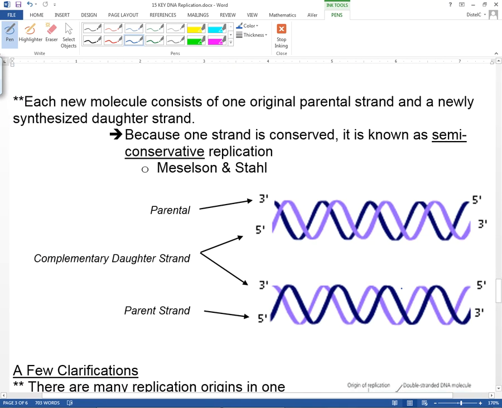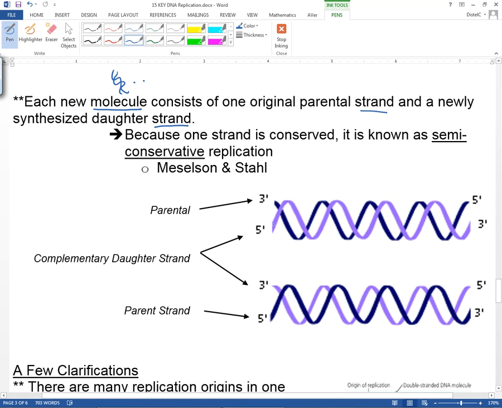So as a result, each new molecule of DNA, so the molecule is the double helix, consists of one original parental strand and then a newly synthesized daughter strand, because DNA is double stranded. When we did our science practice, we identified that Meselson and Stahl figured out that this is known as semi-conservative replication, okay?